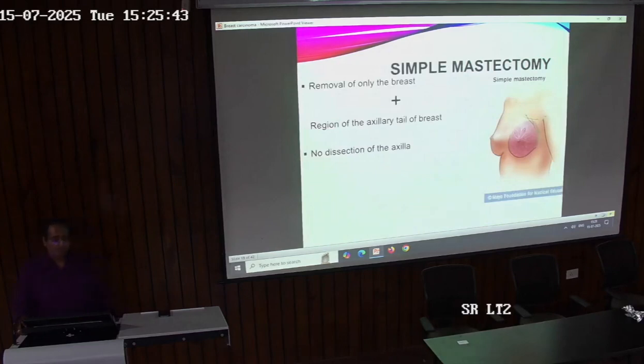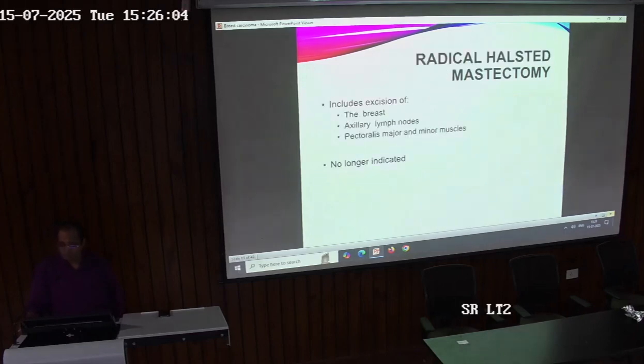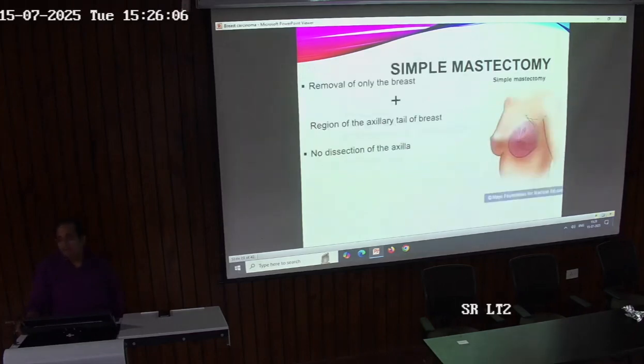Now, what is simple mastectomy? The examiner will always ask you what is the difference between simple mastectomy and radical mastectomy. Simple mastectomy is removal of only breast tissue, plus or minus the axillary tail of the breast. There is no dissection of the axilla. Only the breast is removed. Why only the breast?